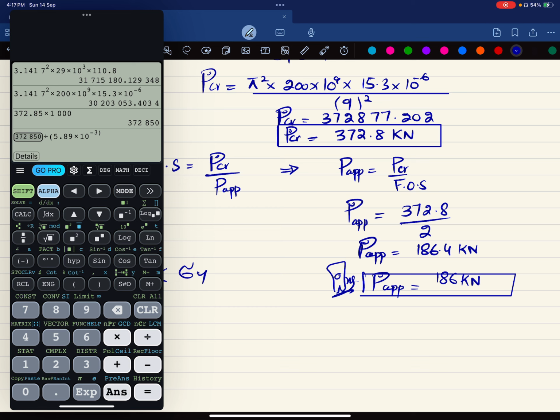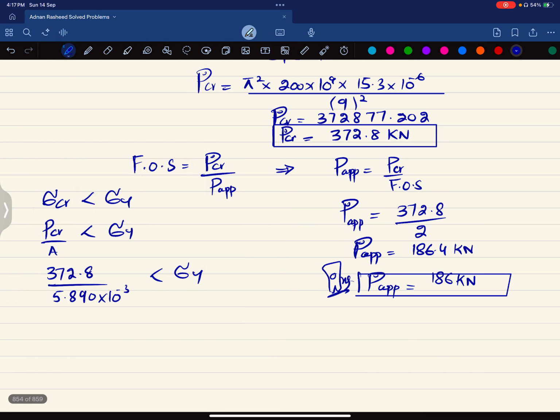Okay, so you can see this is 63, if you divide it by 10 raised to power 6, it will be 63.30 megapascal. So I can write it again, 63.3 megapascal, and it should be less than the yield stress.